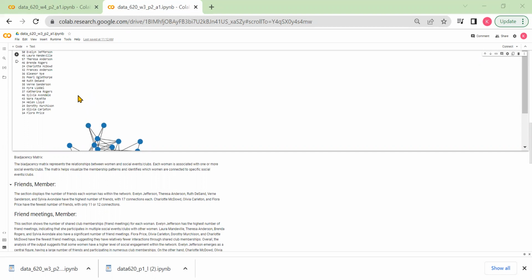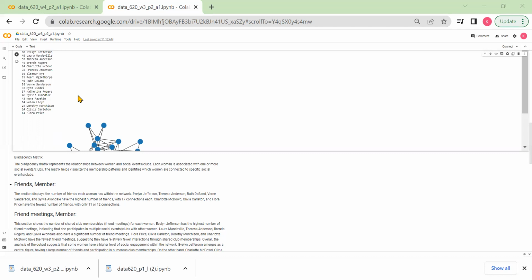Laura Anderson, Brenda, and Sylvia also have a significant number of friend meetings. Flora Price, Olivia, and Dorothy have the fewest friend meetings, suggesting they have relatively fewer interactions through shared club membership.